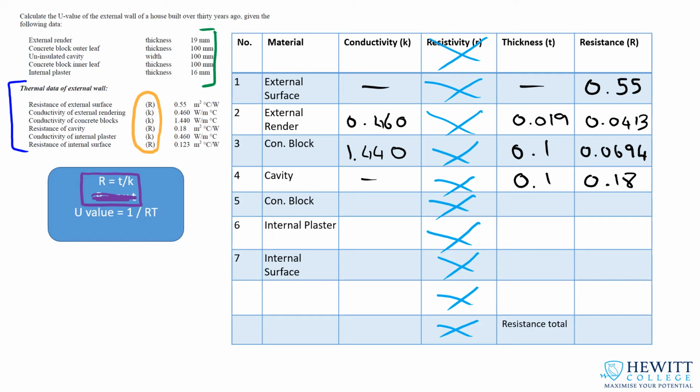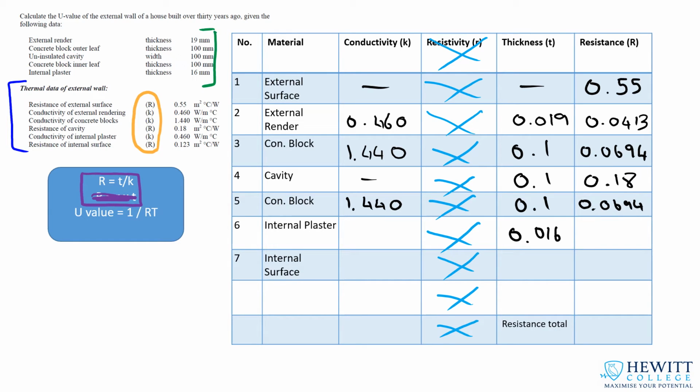Okay, concrete block is going to be the same as the last one, so it's 1.440, it's 0.1 in thickness, and that's 0.0694. Internal plaster then again, so the internal plaster thickness is 16 divided by 1000, which is 0.016.